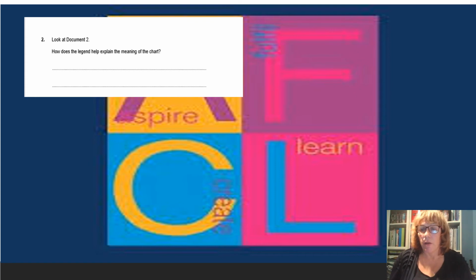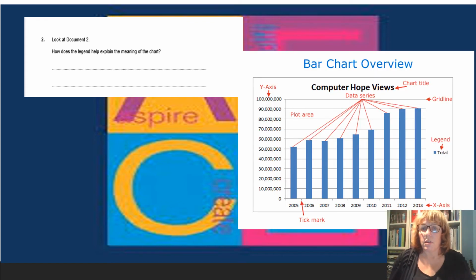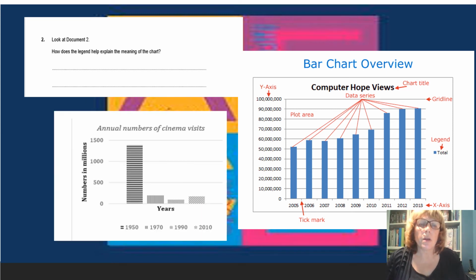But let's have a quick overview. Legend. So here you have in front of you a bar chart overview. It shows you all the different parts of that chart, what they're called, the title, the data series, the grid lines, the axes. All of that together is what we call legend. So legend is what helps describe each of the parts that makes up the chart. So let's have a look at the chart from the actual question. And what you're being asked to do is think about what the legend is helping explain.